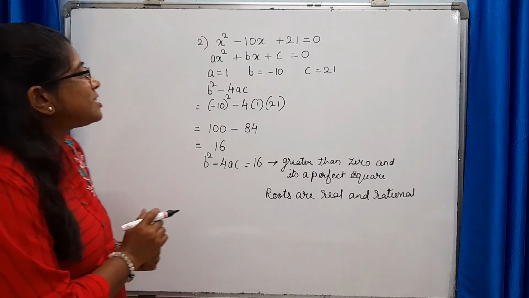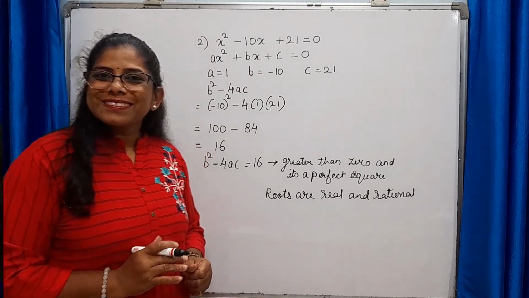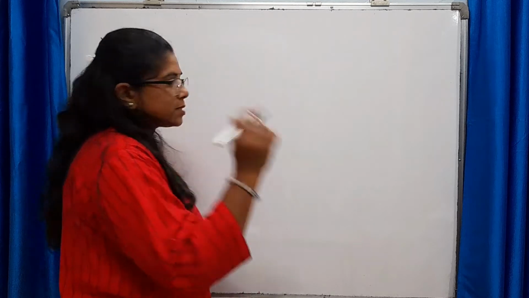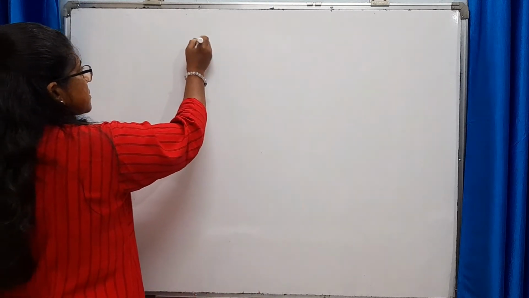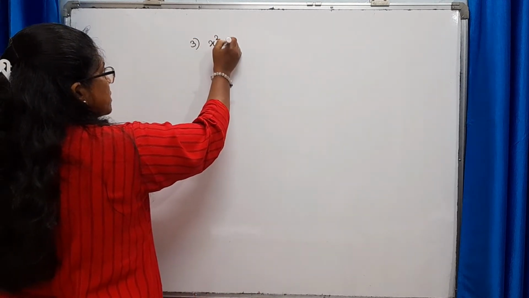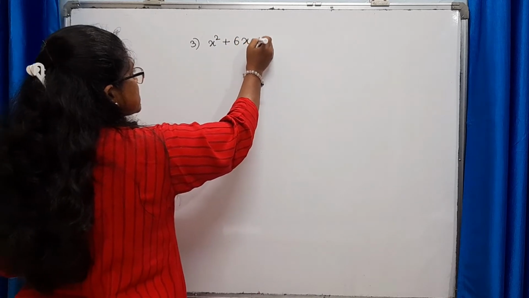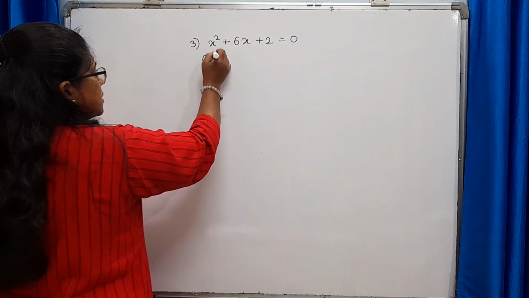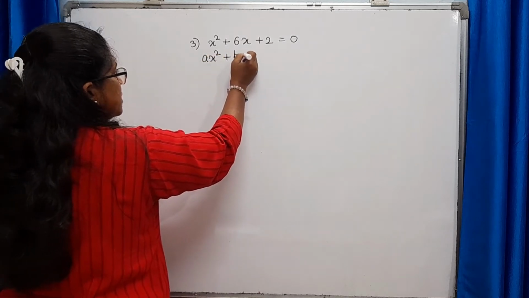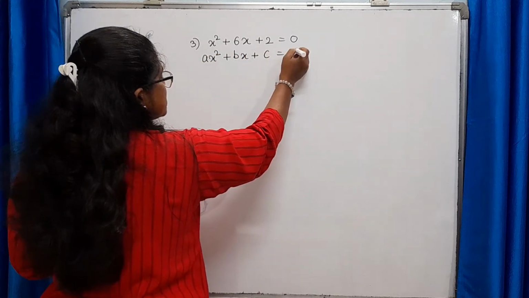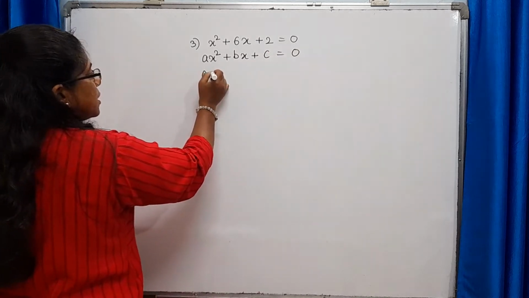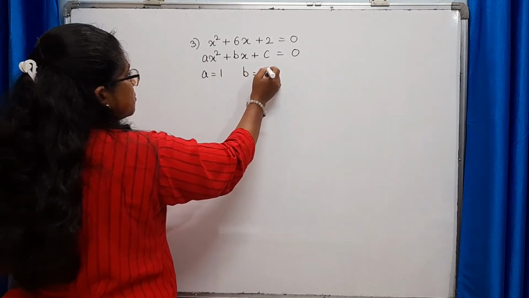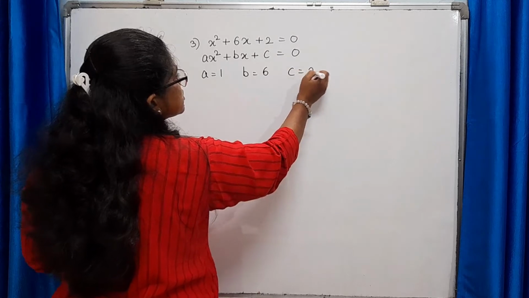So now let's check one more example. Third example, x square plus 6x plus 2 is equal to 0. Let us compare with ax square plus bx plus c is equal to 0. a is 1, b is 6 and c is 2.